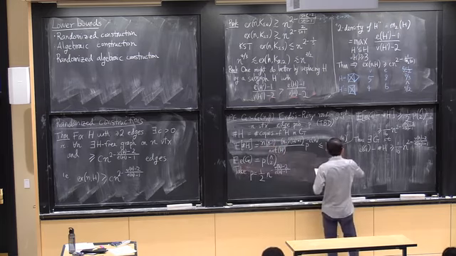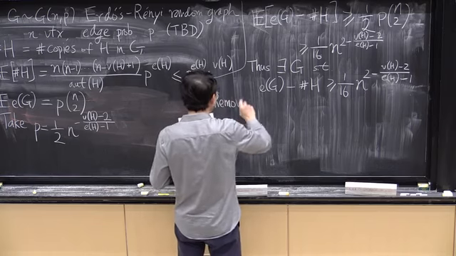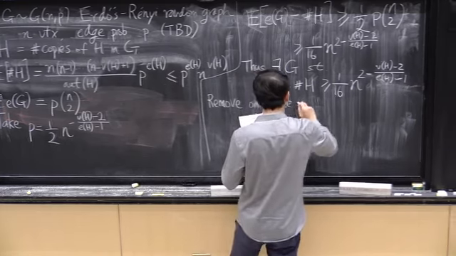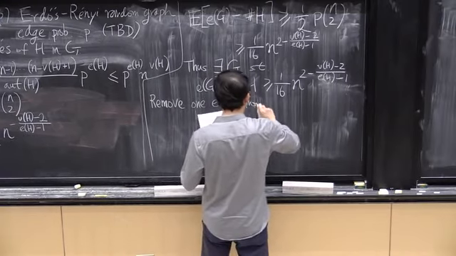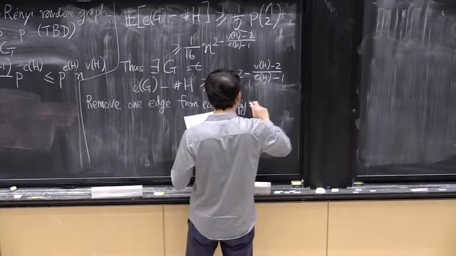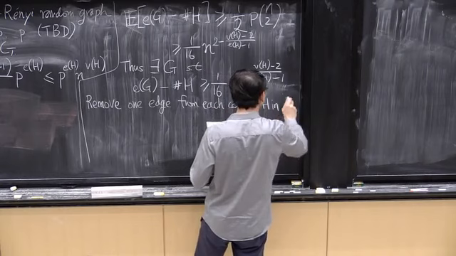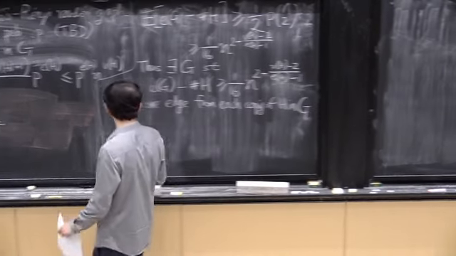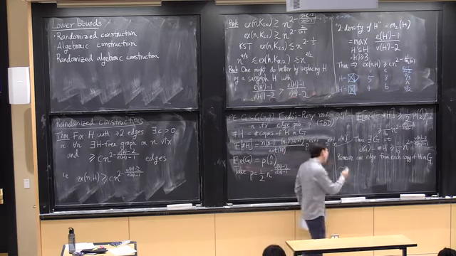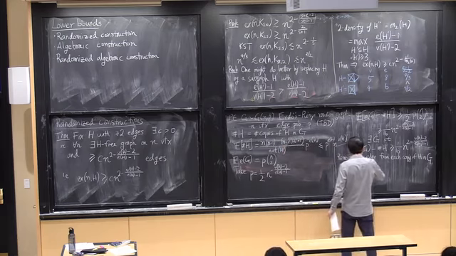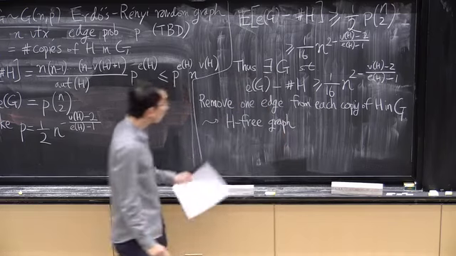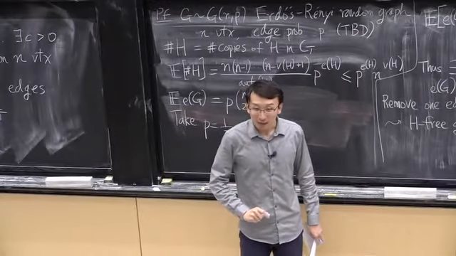So we can now get rid of all the copies of H by removing one edge from each copy of H in G to remove all copies of H, and now we obtain an H-free graph. How many edges are there in this graph?